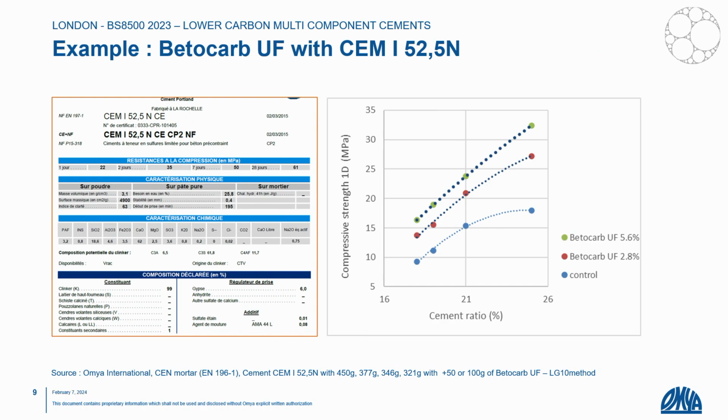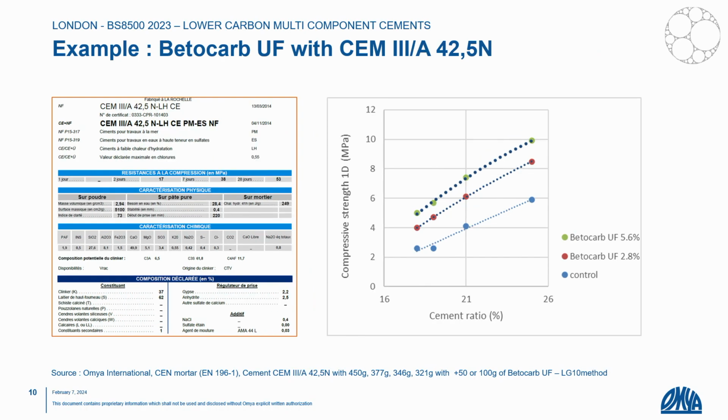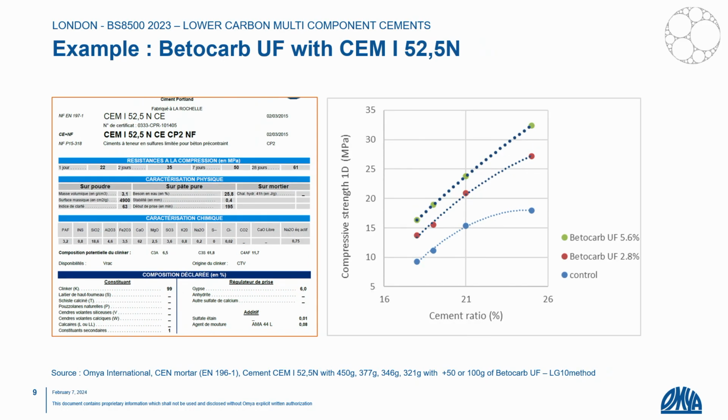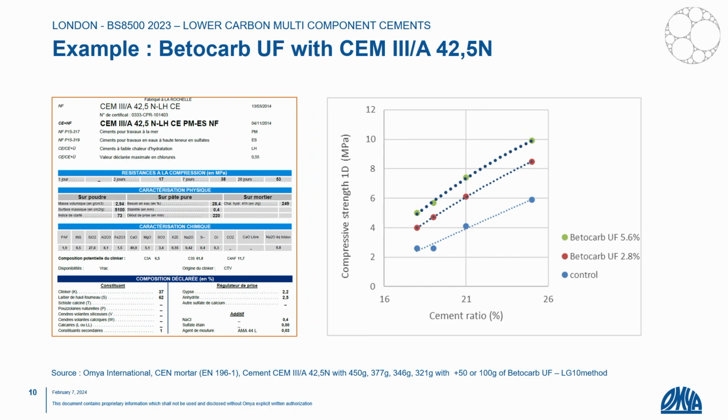The next example is, you see here, just for the remark, the variation of the compressive strength at 1 day. We change the cement, and we are in this area. The question is, can I activate my slag cement with the use of an ultrafine calcium carbonate?